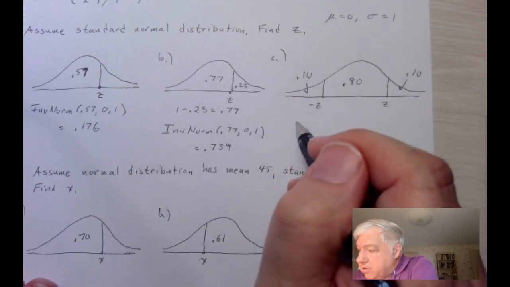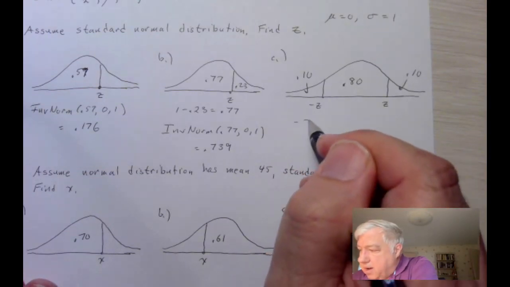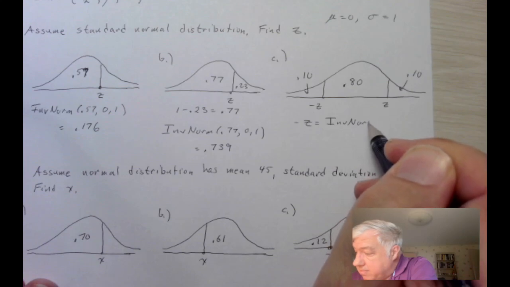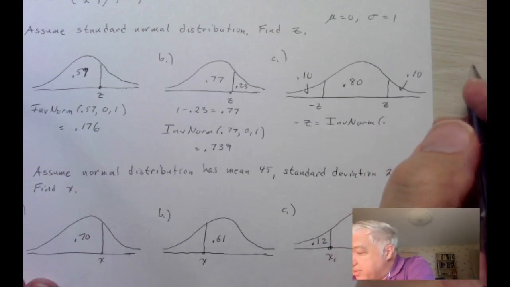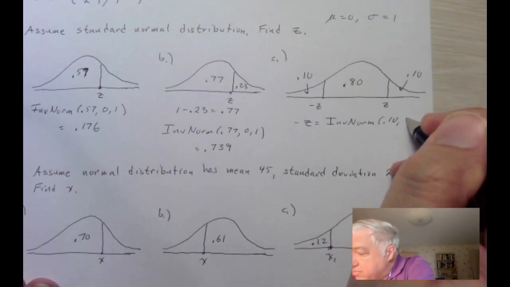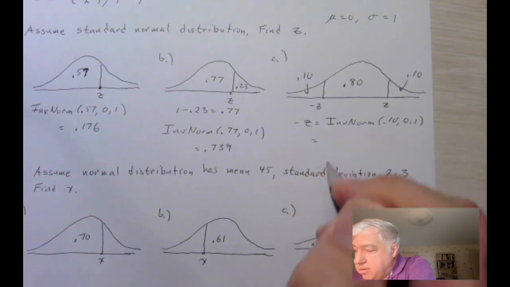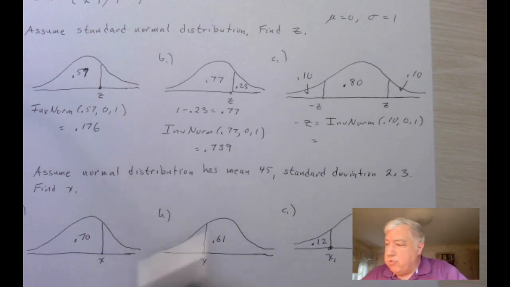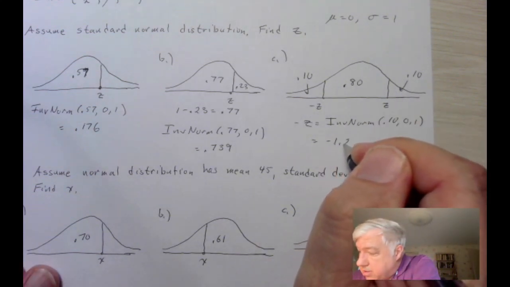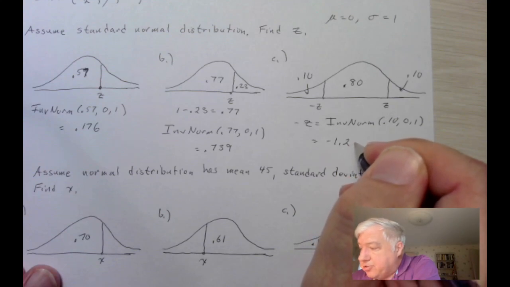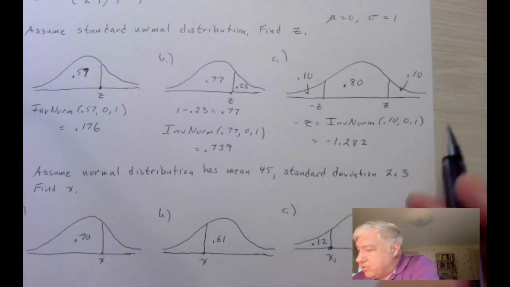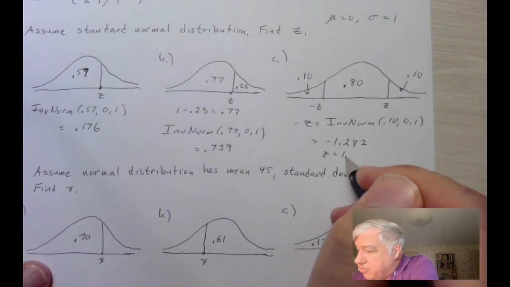So minus z would be inverse norm of 0.10, which would be negative 1.282. And that would also tell us that z is positive 1.282.